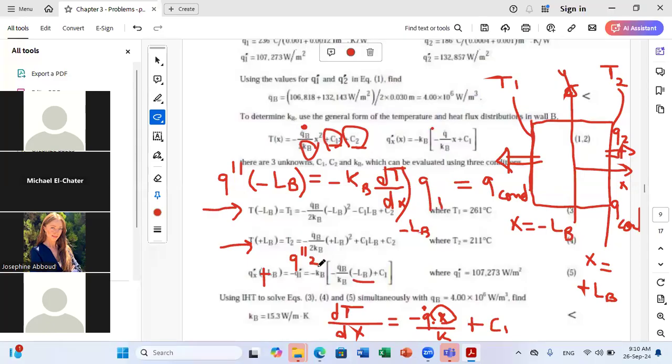And please pay attention to what they did here. They considered Q second at minus LB to be minus Q second 1. You know why? Because Q second 1 is in the negative direction. Now we got the absolute value of Q second 1. So we did Q second 1, Q second 2, summation of them equal to the generation term, okay?